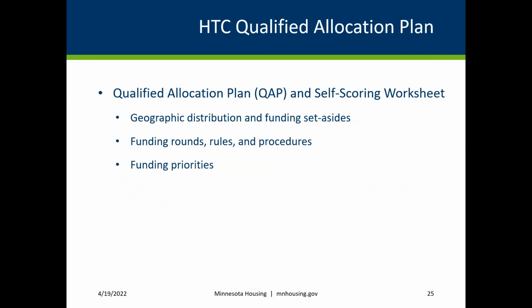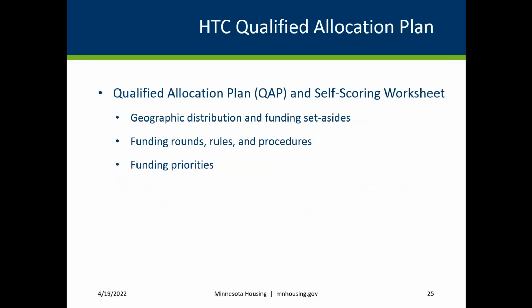Minnesota Housing's QAP is also the mechanism that determines the funding priorities for all the funding resources awarded through the annual multifamily consolidated RFP. All applications are scored according to the priorities contained in the self-scoring worksheet and then ranked based on score, similar to what Summer talked about.